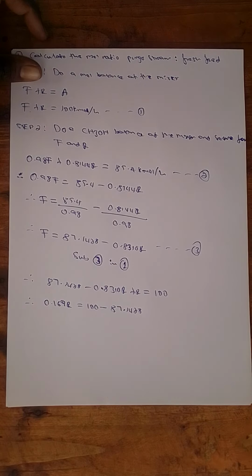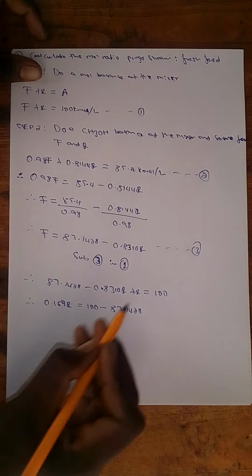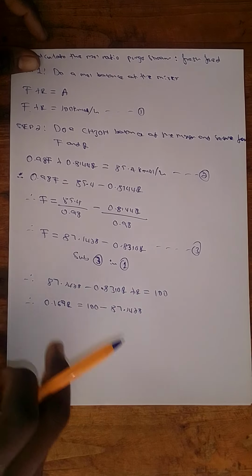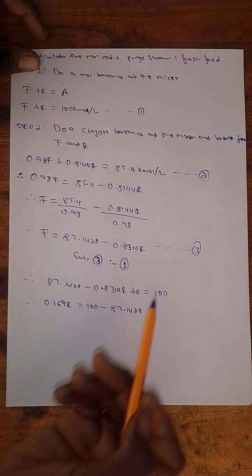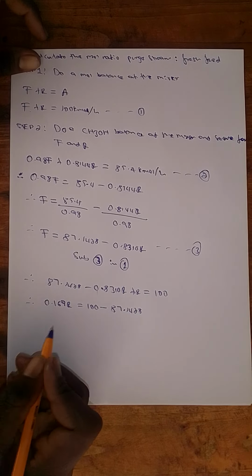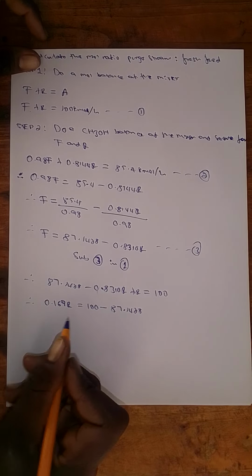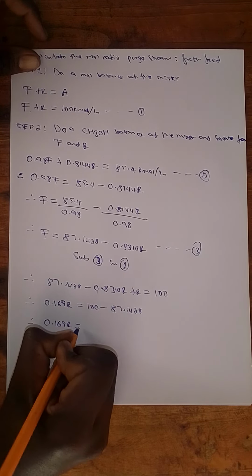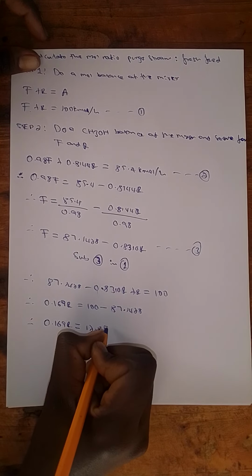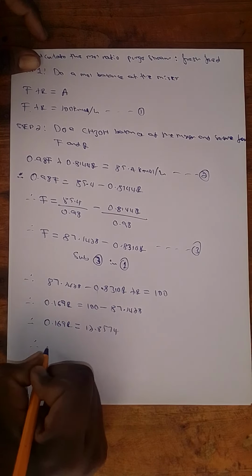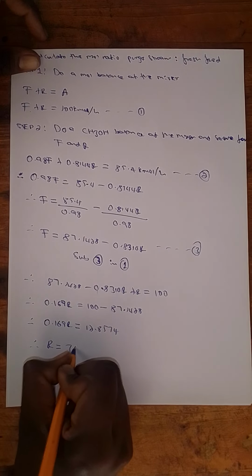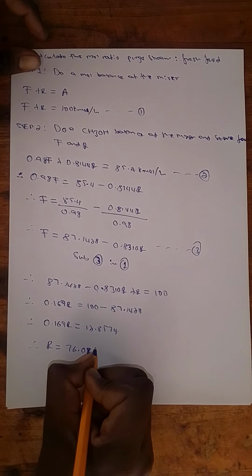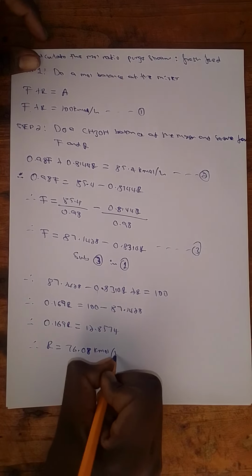To get here, I took F and substituted it, and then simplified. In simplifying, I moved the R to the other side. That takes us to 0.169 R is equal to 12.8574. Therefore, R is equal to 76.08 kilomole per hour.